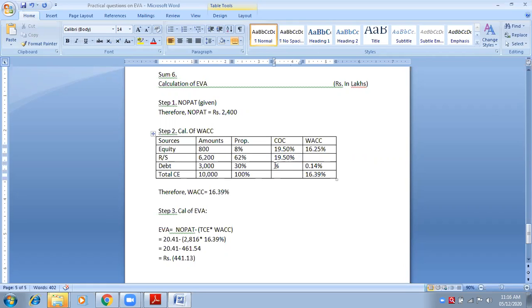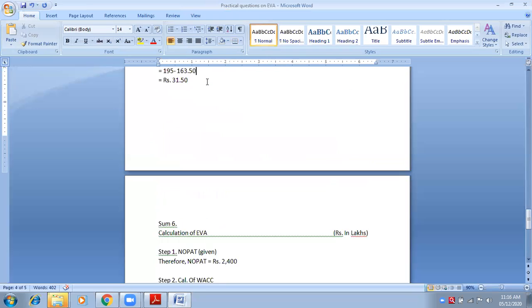And reserves and surplus is a part of equity. Equity are the real owners of the company. So whatever is my reserves, whatever is my surplus, it belongs to equity only because they are the real owners of the company. Okay. What is the cost of debt? Can you tell me cost of debt?